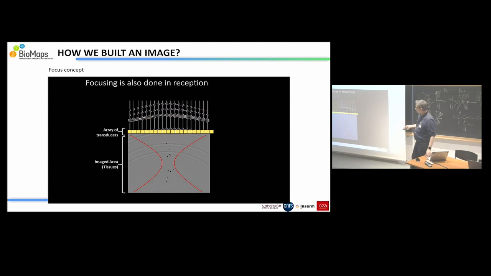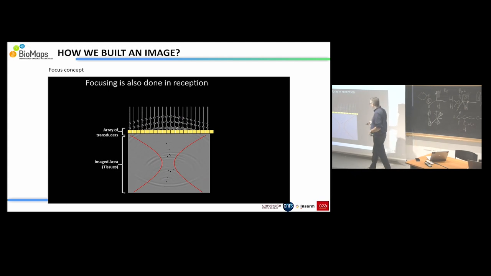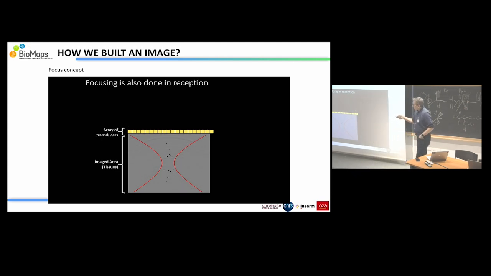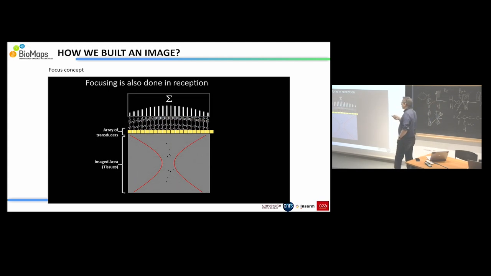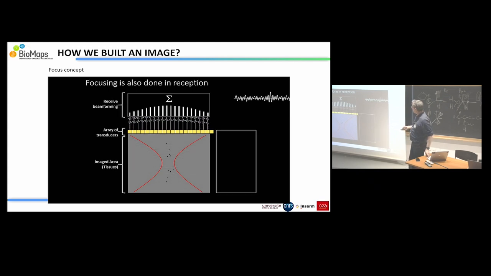And if I have a lot of scatterers in this region, I will listen to a lot of echoes. All these echoes are recorded, and if I apply a focusing algorithm, a summation algorithm in reception, we call that a beamforming algorithm, we can build the ultrasound signal coming from the central line of this focusing law, and by taking the Hilbert transform of this signal, we can reconstruct one line of our image.